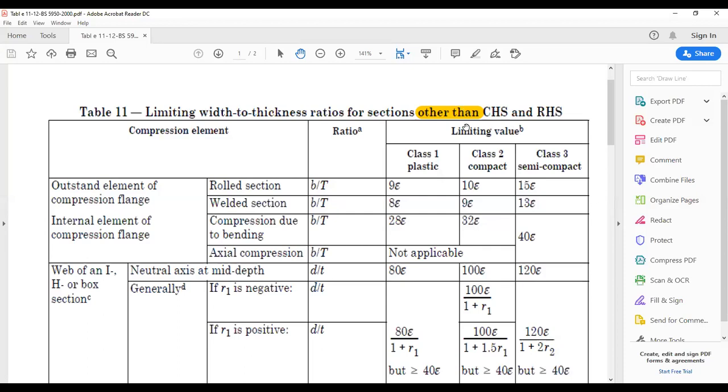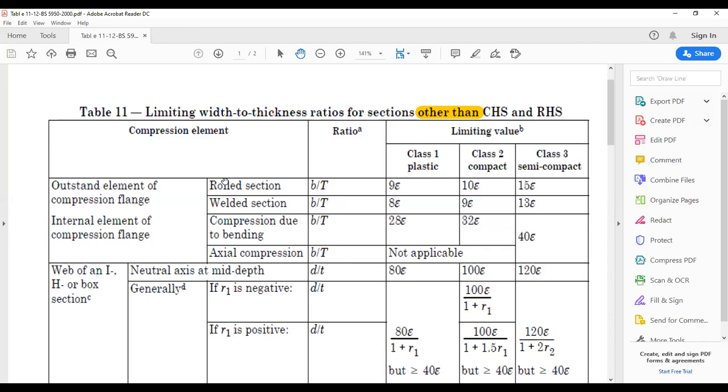So you see here, this table 11 deals with classifications of all sections that are not circular hollow sections or rectangular hollow sections. Do you see the screen? Yes. Okay.